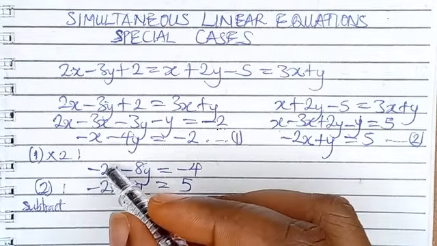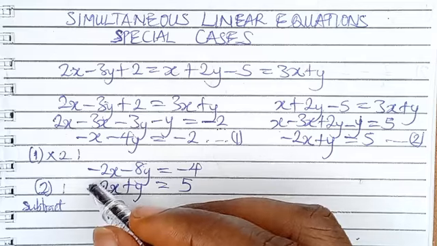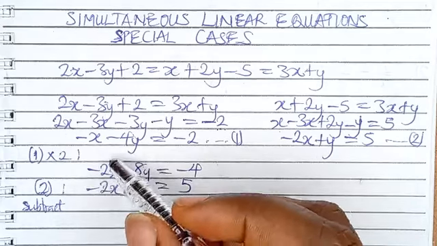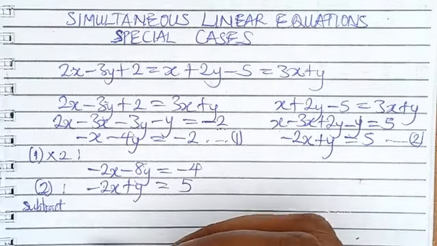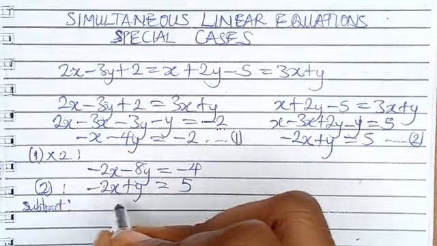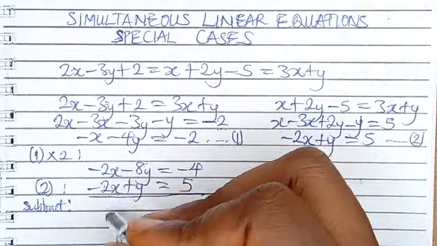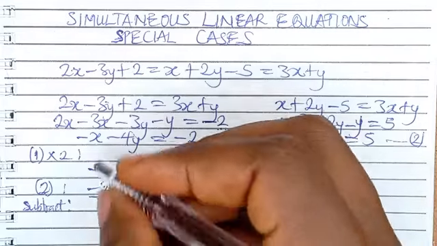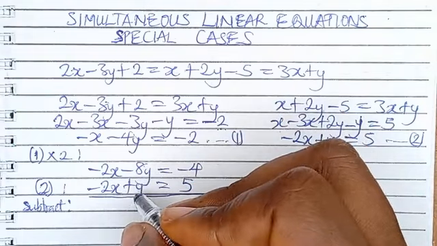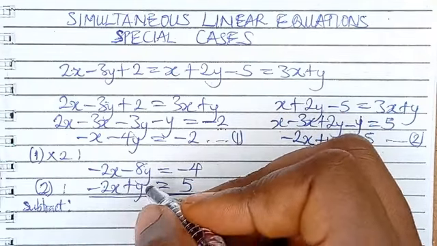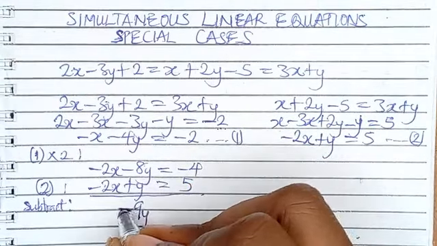So seeing that they have same sign, we are going to subtract. So that's minus 2x minus minus 2x. So that minus coming together becomes plus. So this becomes minus 2 plus 2x, giving us 0. So that means we have eliminated the coefficient of x. So when we subtract, we get minus 8 minus y is equal to minus 9y.